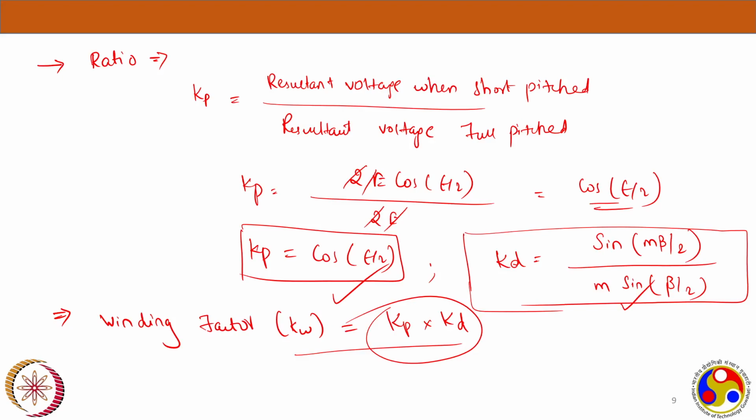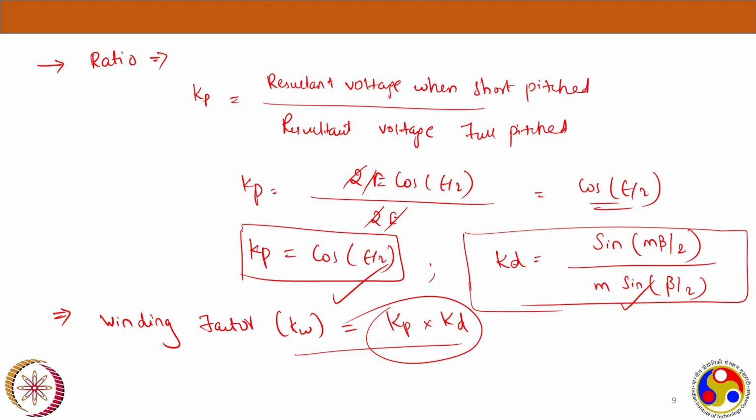Now, the reason why we are going for short pitched and distributed winding, we already saw. But there is another added advantage for the short pitched winding and also the distributed winding, because it eliminates specific harmonics which are unwanted.